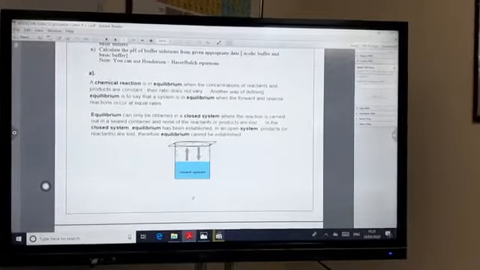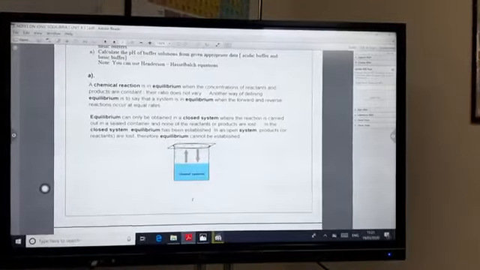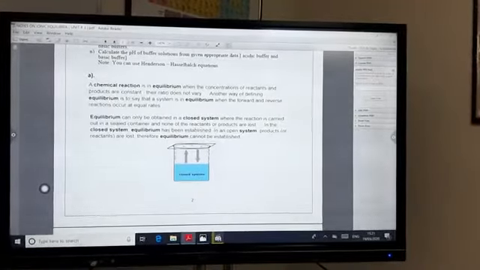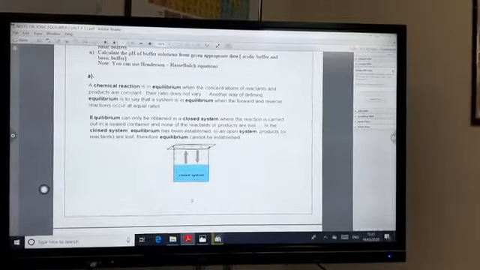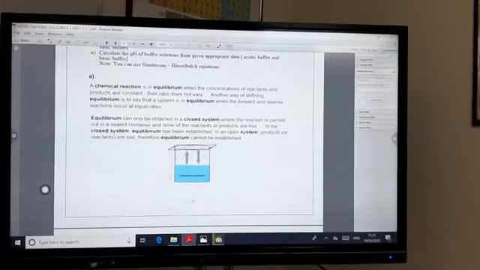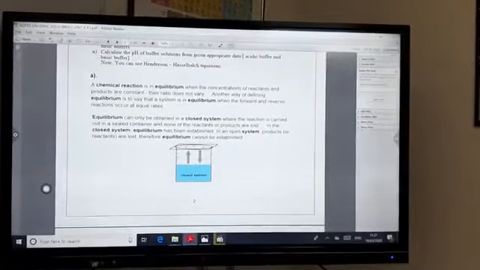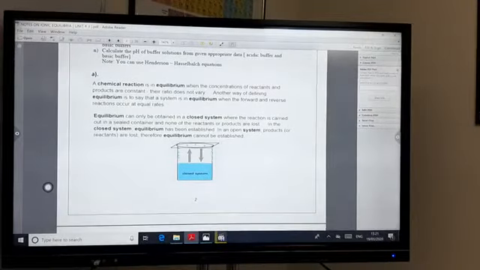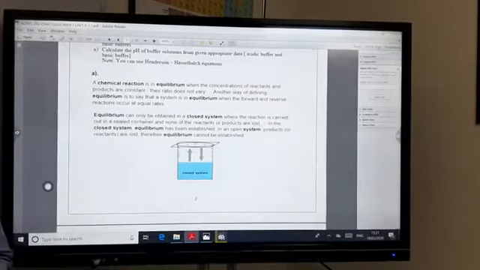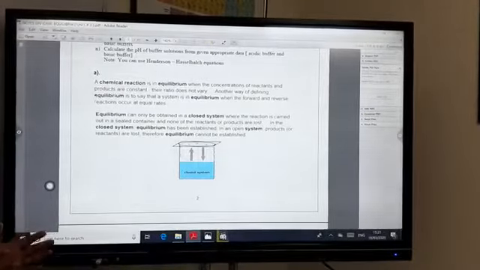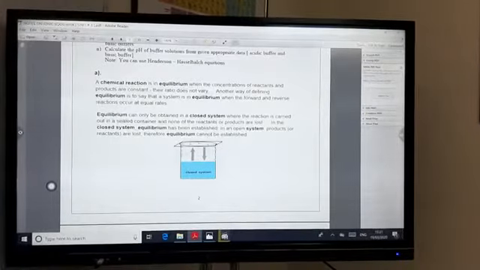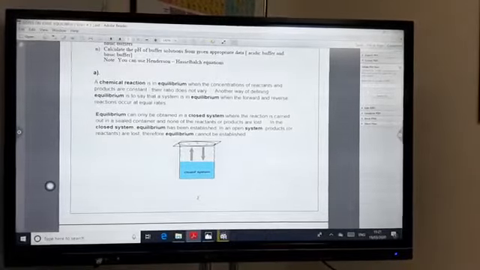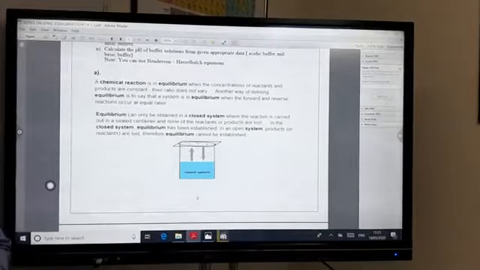Either you can take the amount or concentration of reactant and product, or you can use the rate of forward reaction as well as the rate of reverse reaction. When the amount or concentration of reactant and product are constant, or the rate of forward reaction and rate of backward reaction are equal, that state is known as equilibrium state.